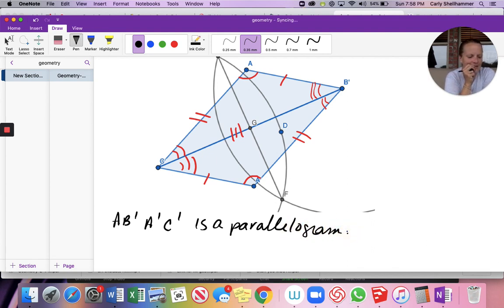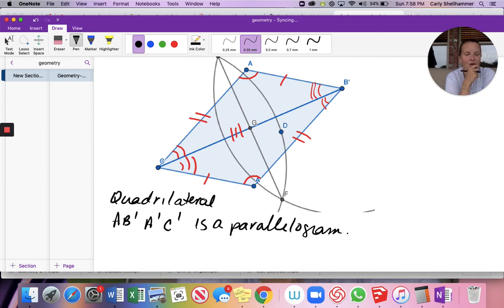Okay, I can see that it's a parallelogram. And we can say this is actually a quadrilateral that is a parallelogram. The opposite sides must be parallel.